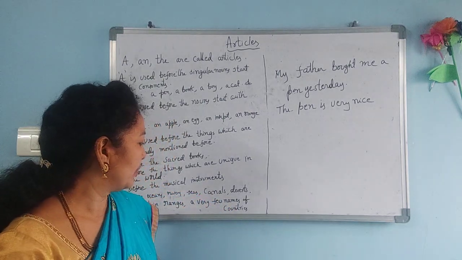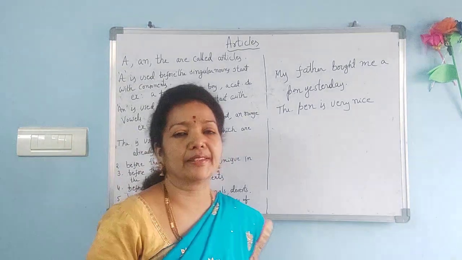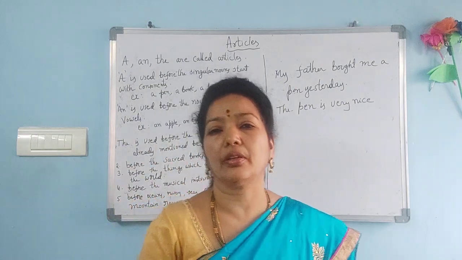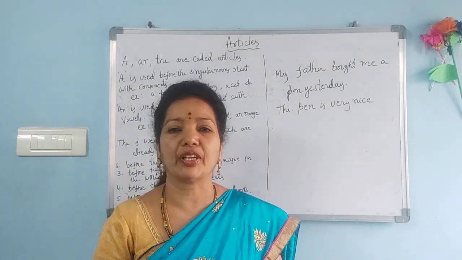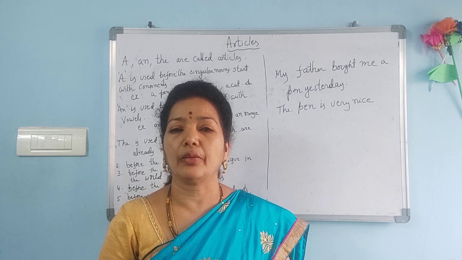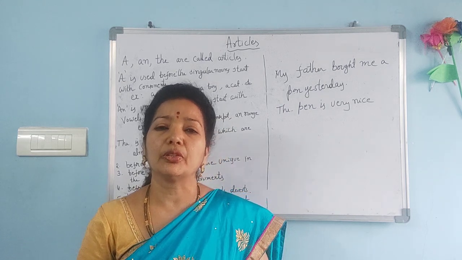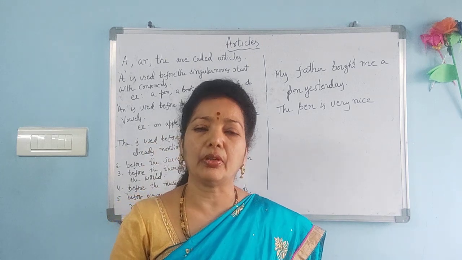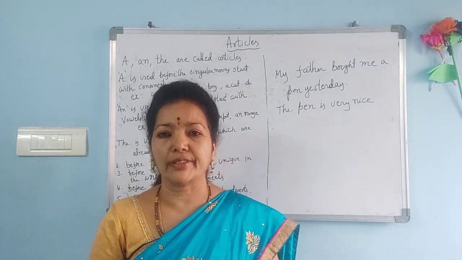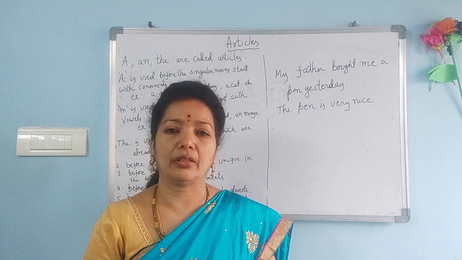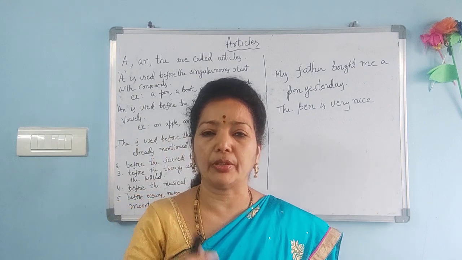And very few names of countries. We don't use the before the names of countries because they are proper nouns. I shall make another video on omission of articles, then you learn. And now I am telling you a few.